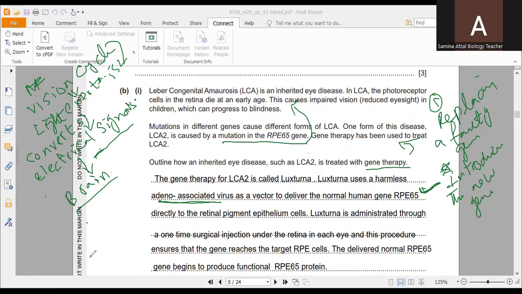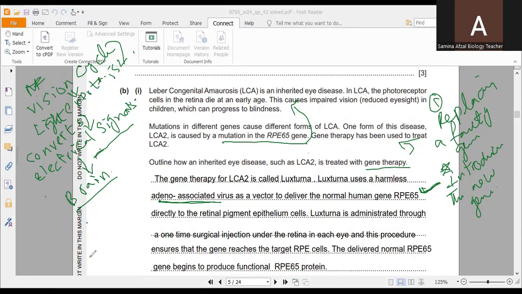Both eyes cannot be treated at once, so the minimum gap should be 6 days. This precise delivery method ensures that the curative gene reaches the target RPE cells, because the protein is needed over there.